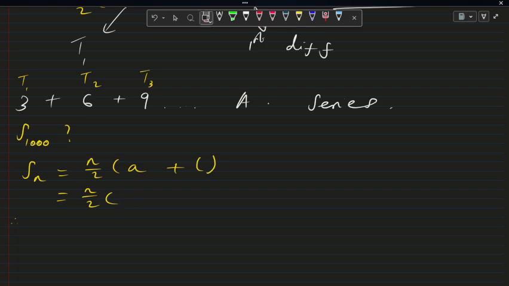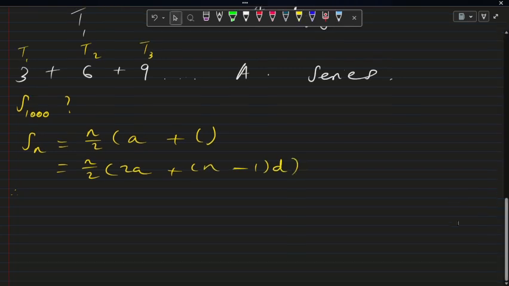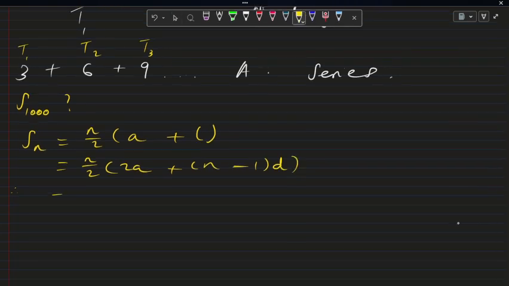So we can say n over 2 times (2a plus (n minus 1) times d). Okay, and then from here we can do our thing. So n is equal to 1,000.